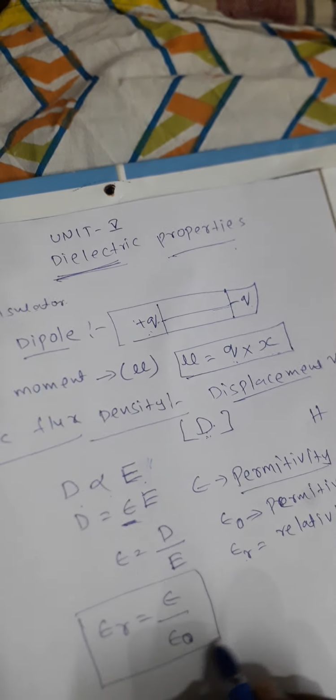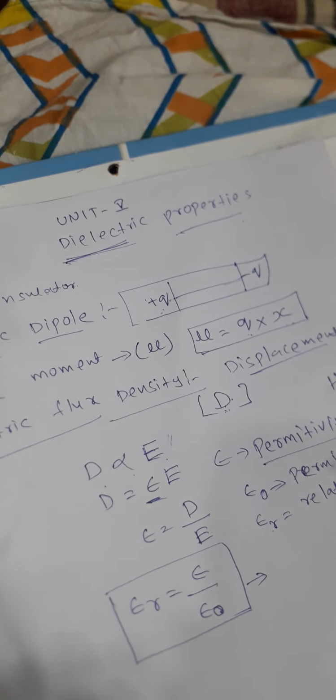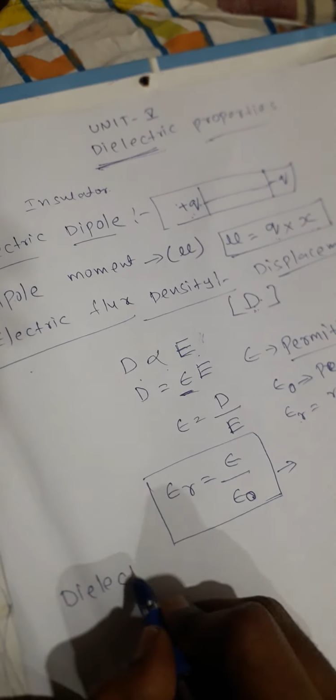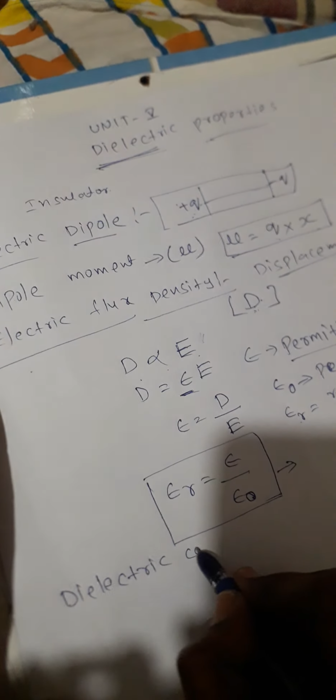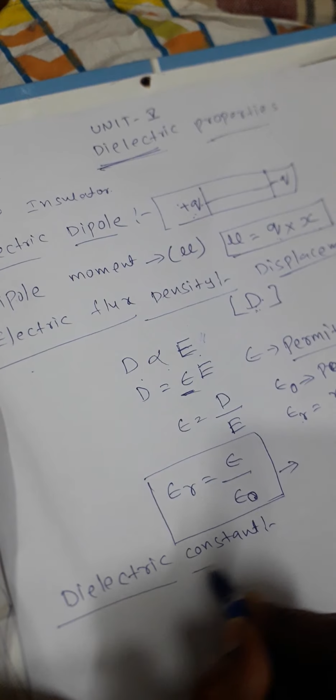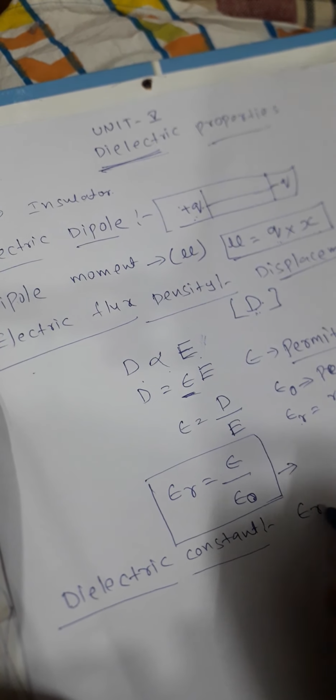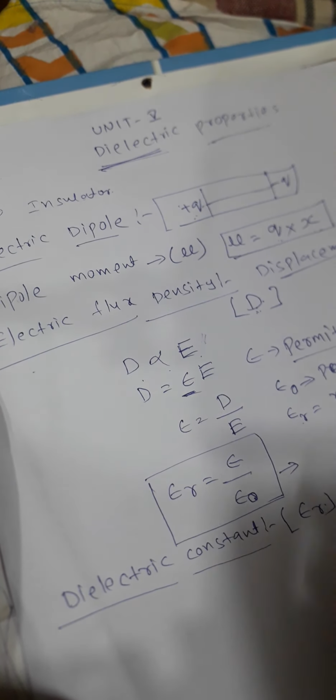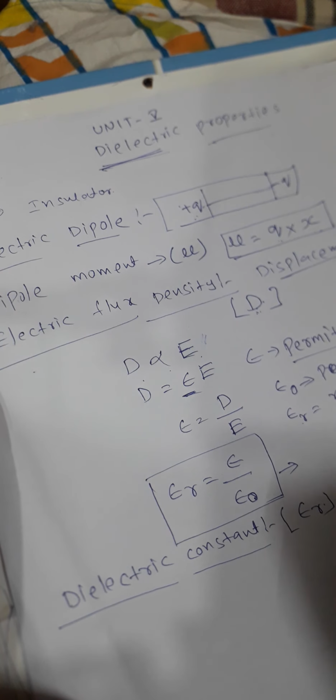This is also called the dielectric constant. Dielectric constant is also called relative permittivity, that is epsilon by epsilon naught.